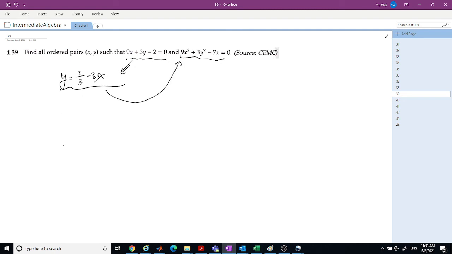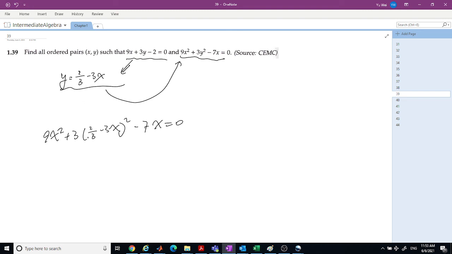So we substitute this one into the quadratic term, and it becomes 9x squared plus 3 times (2 over 3 minus 3x) squared minus 7x is equal to 0.